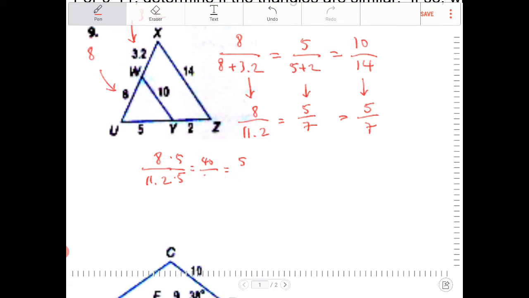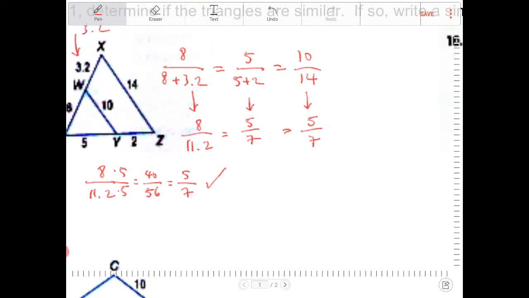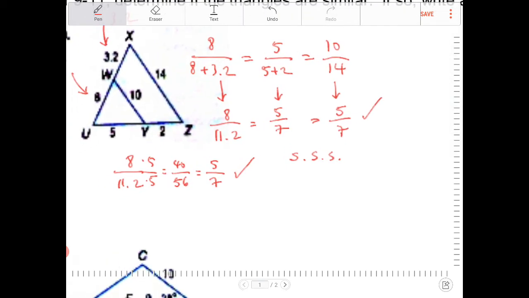That is 56. If I divide top and bottom by 8, I'll get 5 to 7. So yes, this indeed holds true. So we have a side-side-side similarity situation. So then we can say triangle WUV is similar to triangle XUZ.